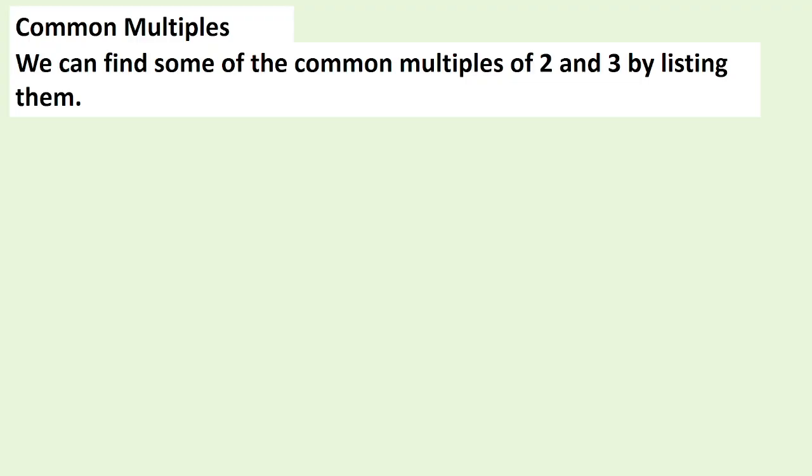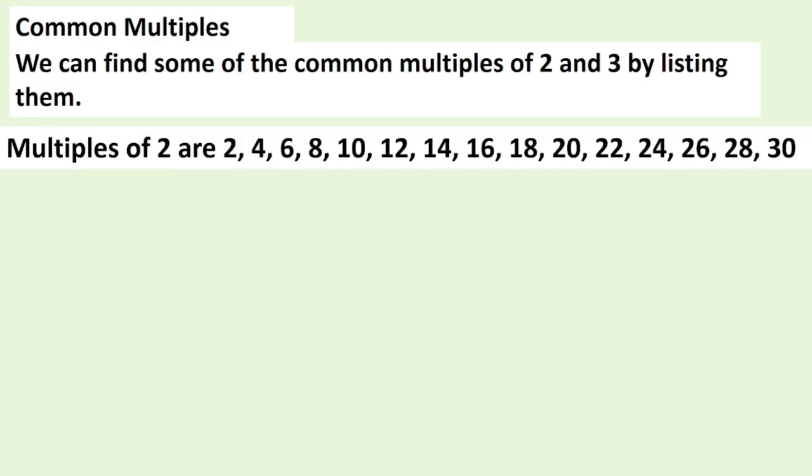Common multiples. We can find some of the common multiples of 2 and 3 by listing them. Multiples of 2 are 2, 4, 6, 8, 10, 12, 14, 16, 18, 20, 22, 24, 26, 28, 30.